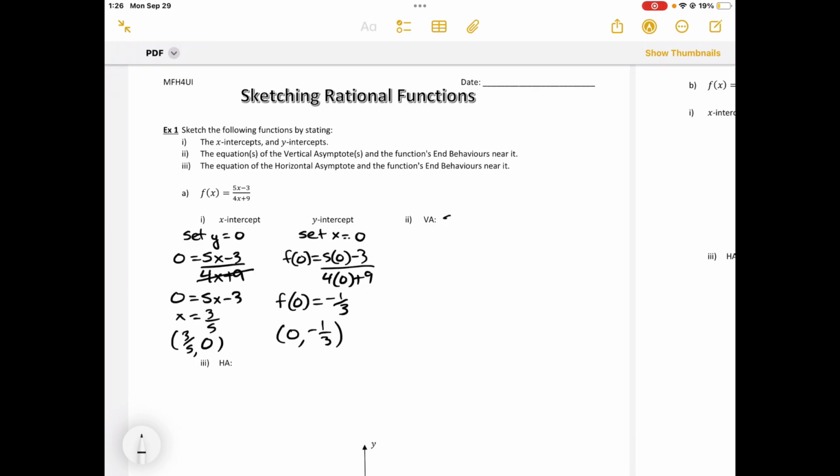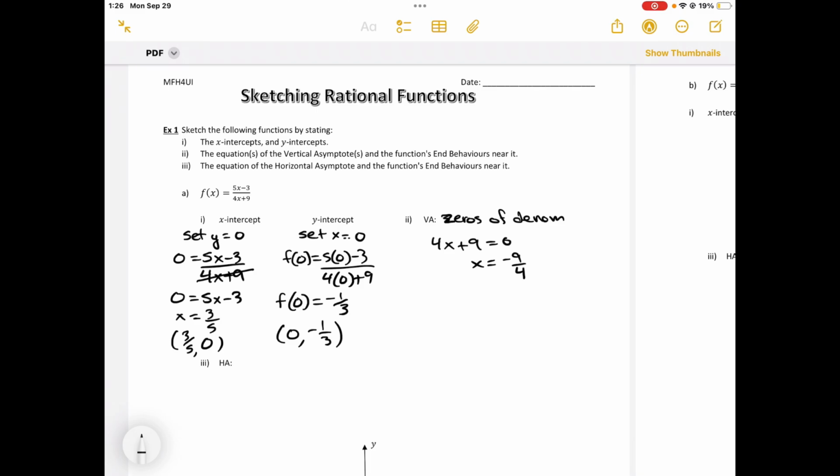The third thing that I'm going to find is my vertical asymptote, which are the zeros of the denominator. And what that means is I'm going to set the denominator of my function equal to 0, and I'm going to solve to get the equation of my vertical asymptote.